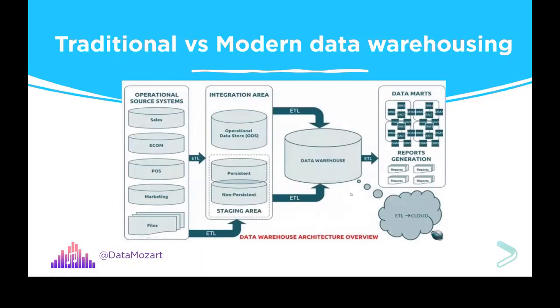So in a typical traditional data warehousing scenario, as you can see in this illustration, you would collect your data from multiple different sources, perform some transformations, data cleansing, and so on. And then you would put this consolidated data into a relational data warehouse.